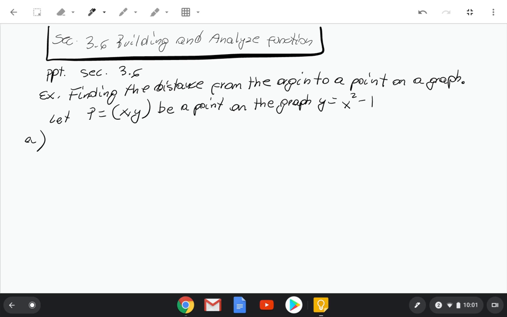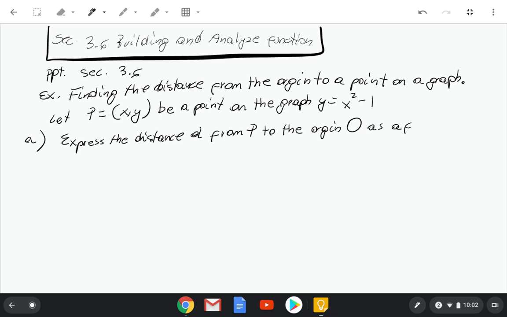A. So we have a couple things. Express the distance D from P to the origin as a function of x.